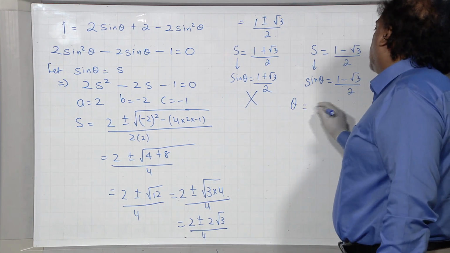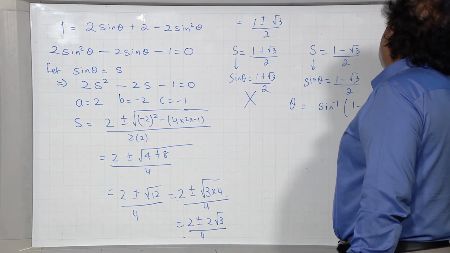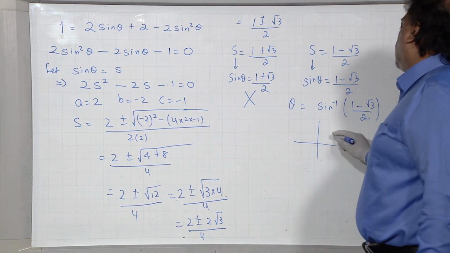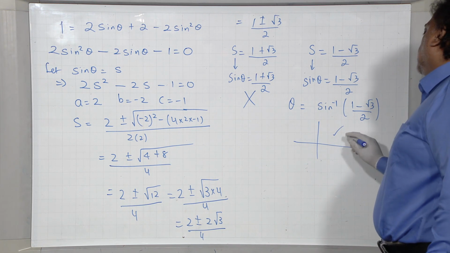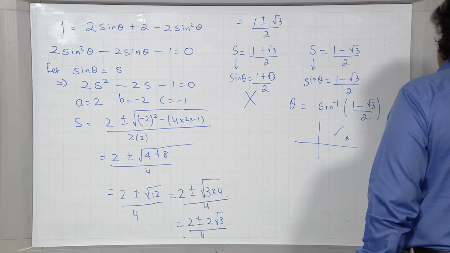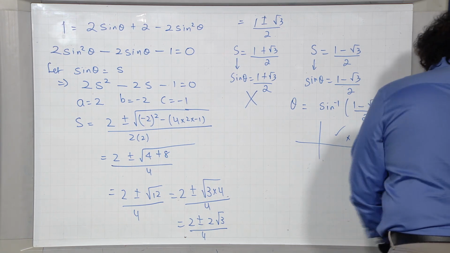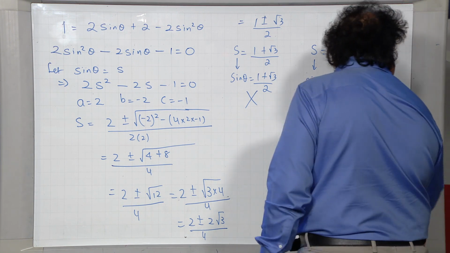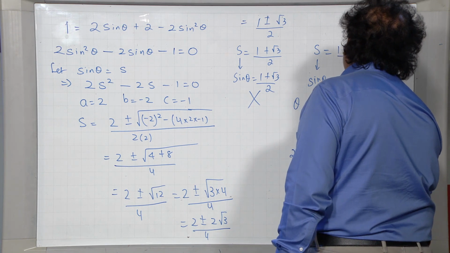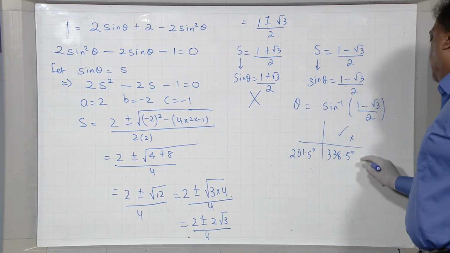In this case, theta is sine inverse of 1 minus root 3 over 2. We calculate the value in the first quadrant. Since sine is negative, we are not going to take the value in the first quadrant. If you calculate the values in the other quadrants, you will get 201.5 and 308.5.